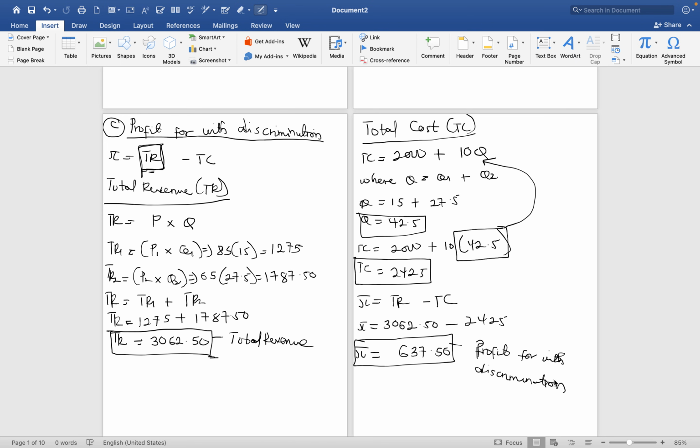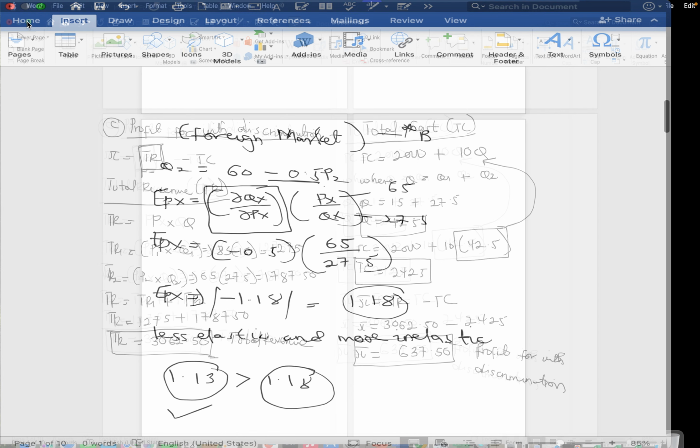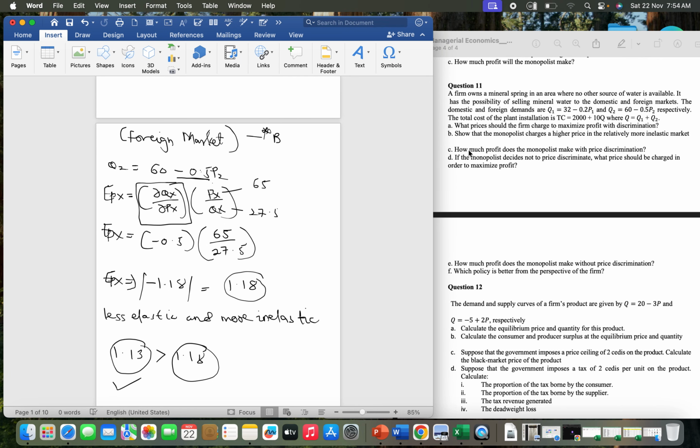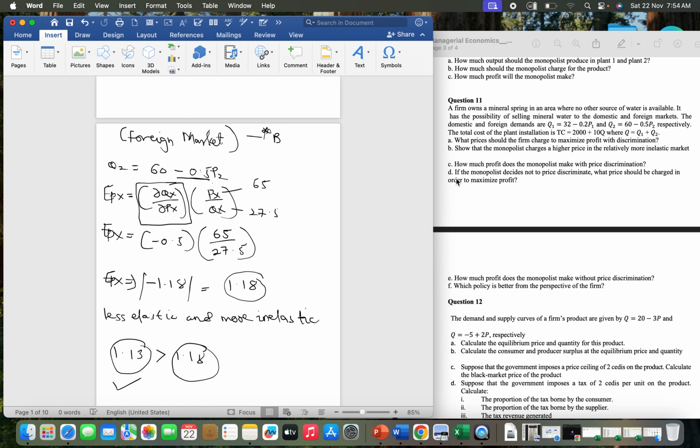So this is the C part of the question. Let's go to the next part. The D part of the question states that if the monopolist decides not to price discriminate, what price should be charged in order to maximize profit?